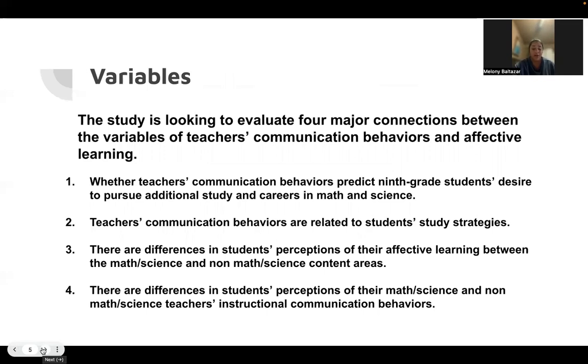Number 3, there are differences in student perceptions of their effective learning between the math/science and non-math/science content areas. Number 4, there are differences in student perceptions of their math/science and non-math/science teachers' instructional communication behaviors.